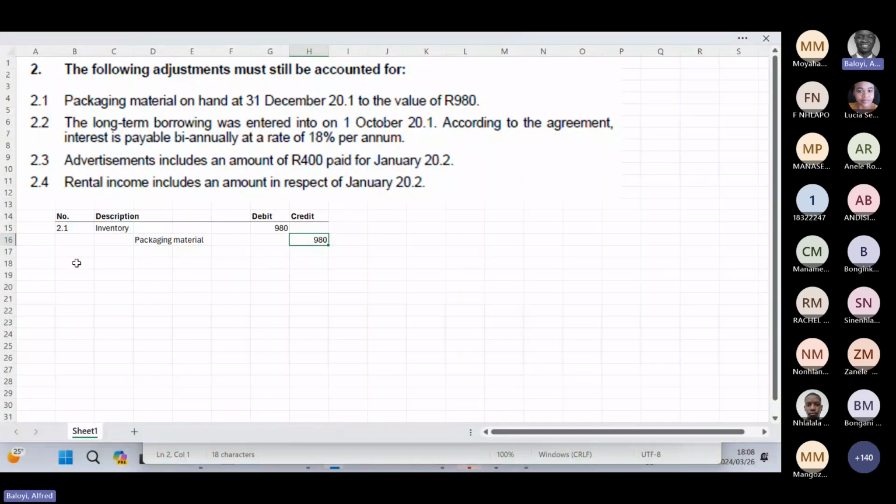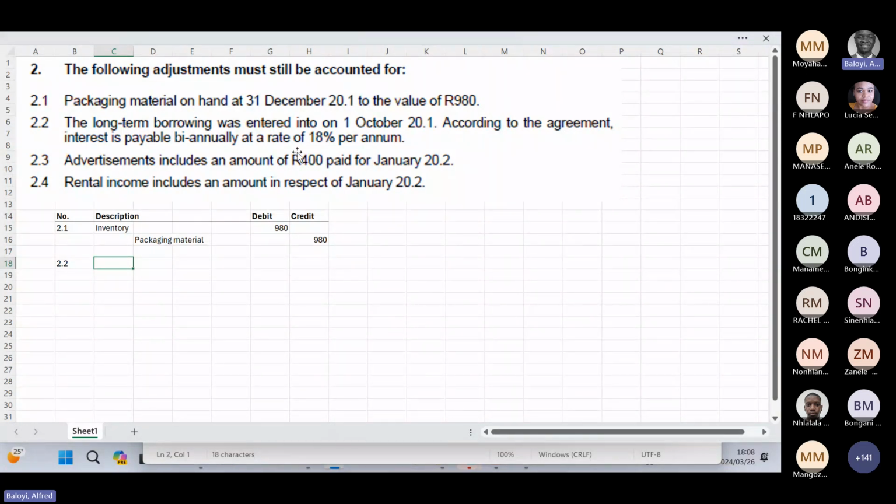And then in 2.2, the long-term borrowing was entered into on 1 October 20.1. According to the agreement, interest is payable biannually at the rate of 18% per annum.